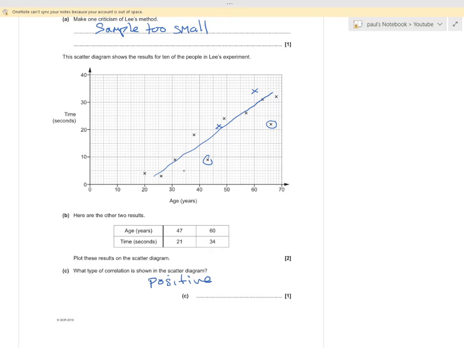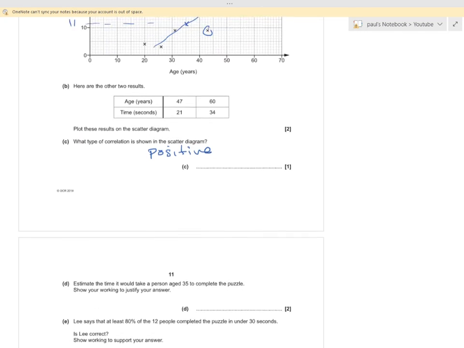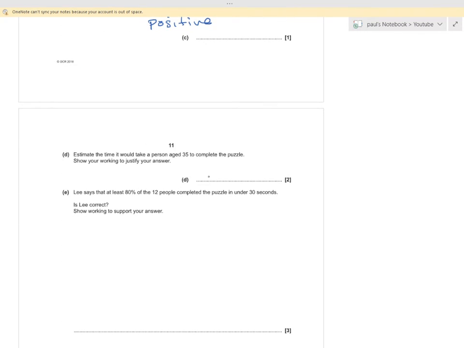And an estimate of 35 would probably complete the puzzle in about 11 minutes. Show your working, the line of best fit. You'll be allowed a bit either way for that.